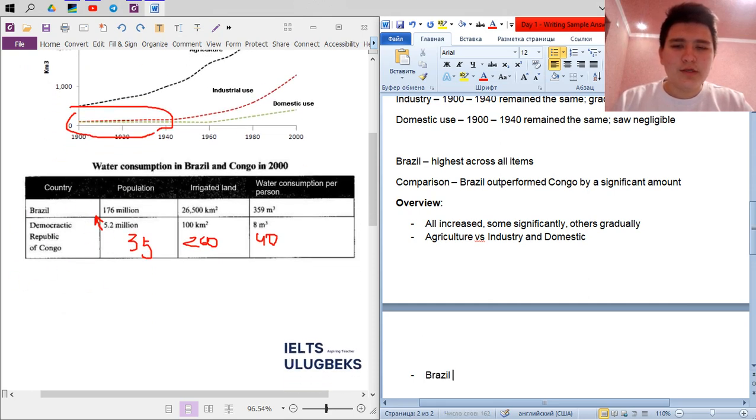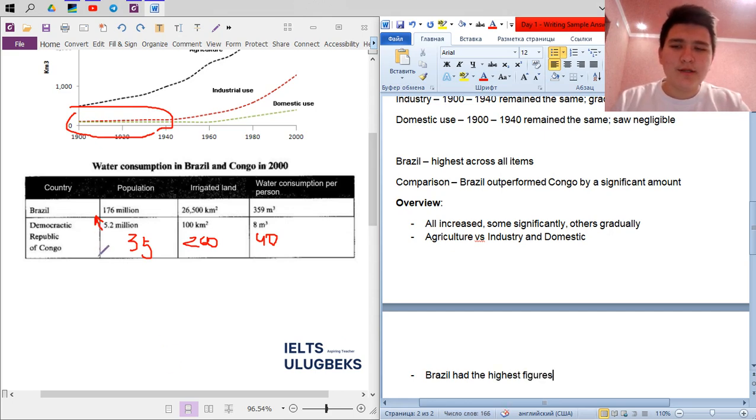Now how about this? Brazil. Let's see. Brazil had the highest, right? We could say that in terms of population, irrigated land, and water consumption per person, it had the highest figures, right?